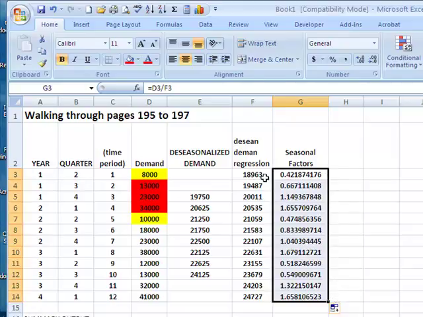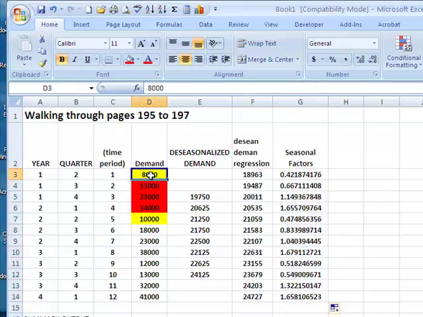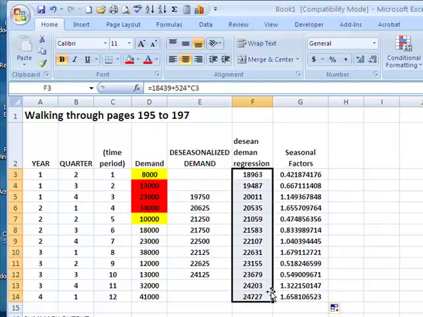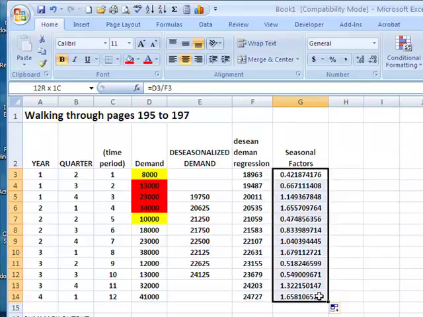The good thing about going through this regression process is that for every data value we have, and we had 12 data values, we come up with a matching deseasonalized value. That way we'll be using all of our data in our analysis.